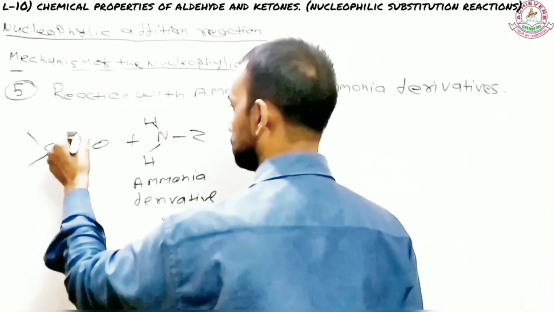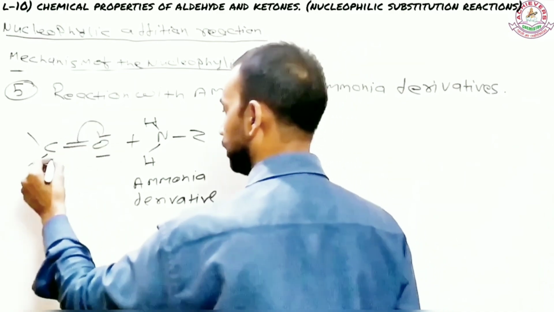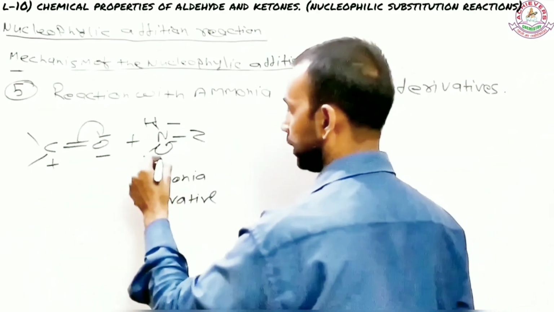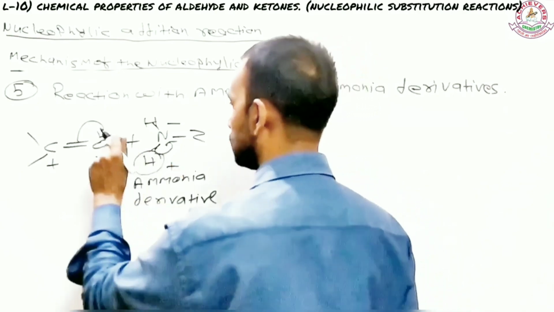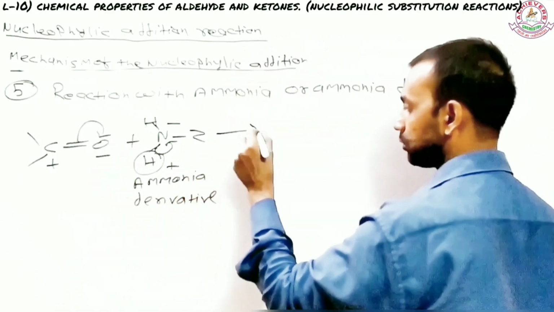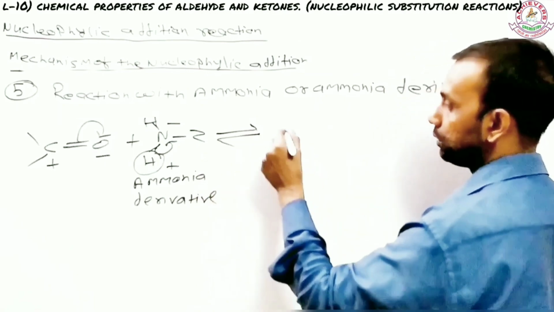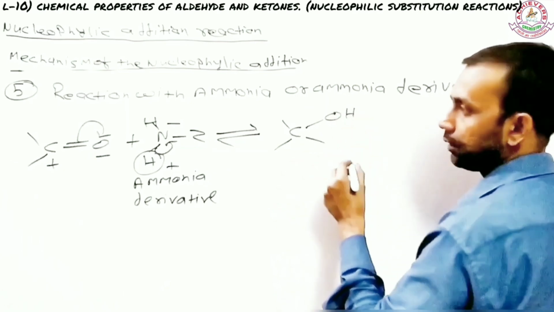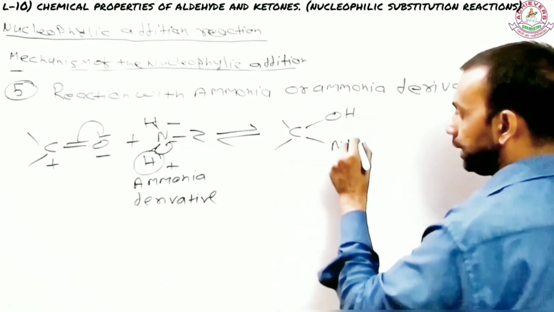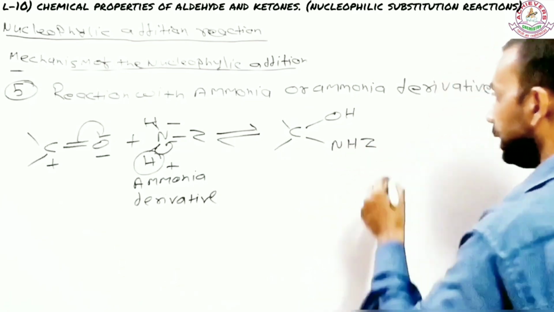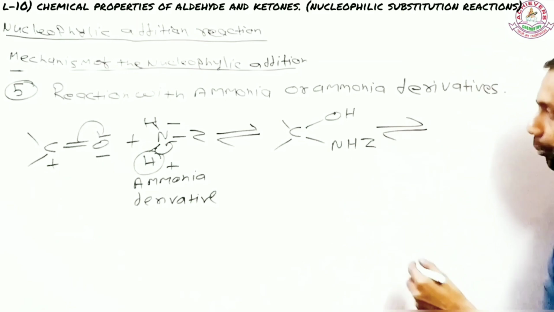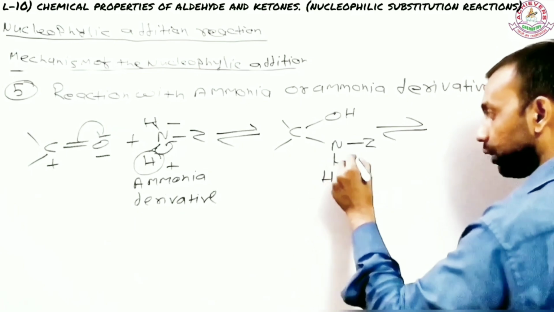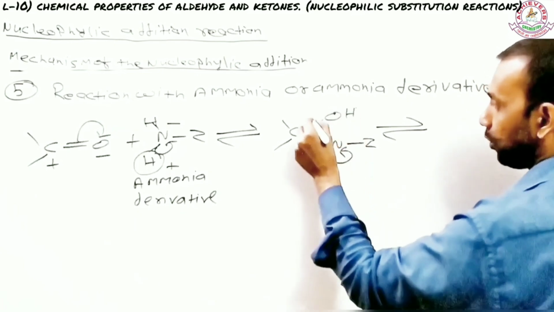Right? So what happens when this bond undergoes cleavage? You probably understand, a negative and a positive. Now you have to cleave a bond right here. So nitrogen will be a negative and hydrogen will come out as a positive. So place this hydrogen with oxygen. So you get oxygen with hydrogen and you get carbon with NHZ. In the next step, this bond further undergoes cleavage, and there this bond undergoes cleavage.